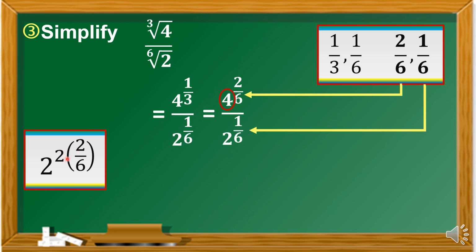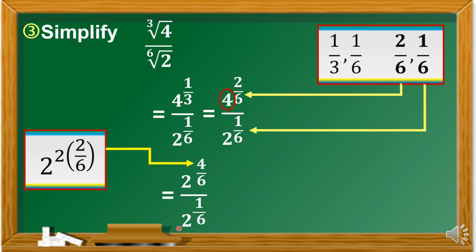So, multiplication of whole number and fraction. So, multiply numerator to numerator and then pwedeng copy the denominator. 2 times 2, that is 4 over 6. So, magiging, ang new expression natin ngayon is 2 raised to the power of 4 over 6 divided by, copy lang natin to 2 raised to the power of 1 over 6.